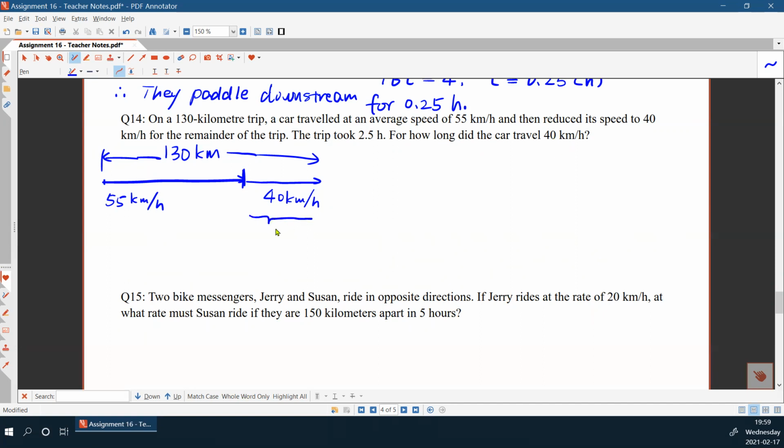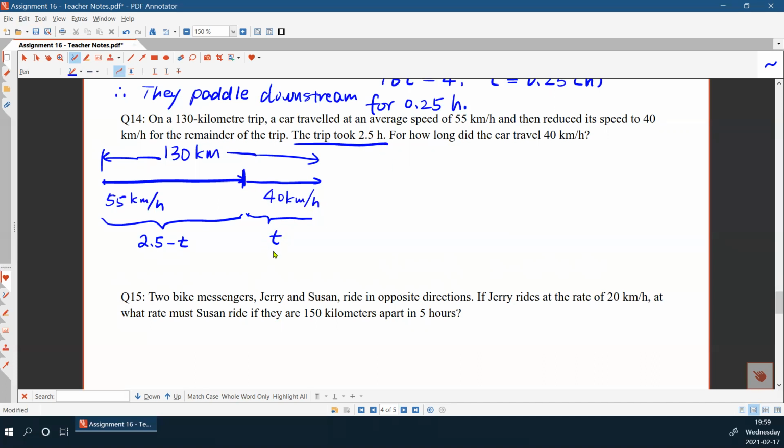Okay, suppose here the car traveled for t hours, and for the first segment, the car has traveled for how long? For 2.5 minus t, right? Because it says here the trip took 2.5 hours in total.